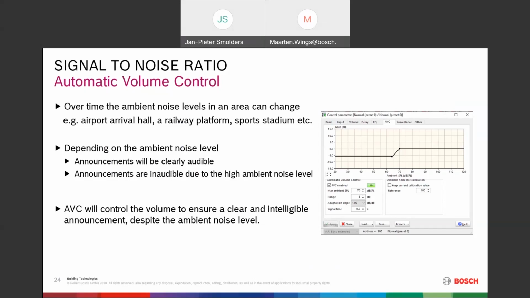It makes a sample of the ambient noise level at that specific time, and then adjusts the sound pressure level according to the ambient noise level plus, let's say, 10 dB. That's the sample and hold mode. And there is also a tracking mode, which is more used for background music, where it is adjusting the sound pressure level on the fly according to the measured ambient noise.